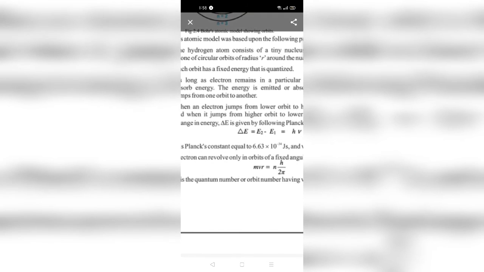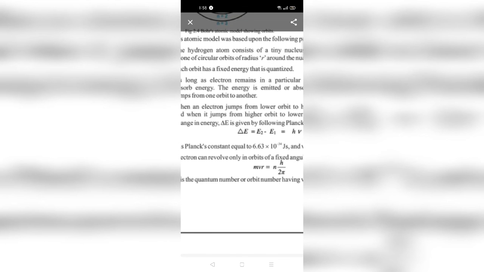This change in energy is given by Planck's equation: delta E, the change in energy, equals E2 minus E1. For example, if the electron jumps from the second orbit to the first orbit, from the second energy level to the first energy level, the change in energy is from E2 to E1, and the amount of energy released by the electron is equal to hv. h is Planck's constant, equal to 6.63 times 10 to the minus 34 joule second.